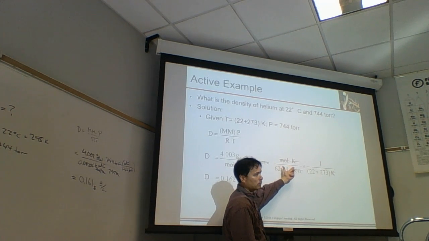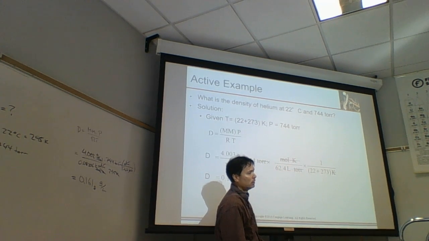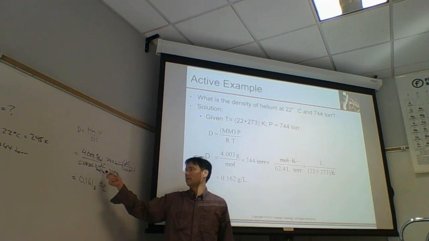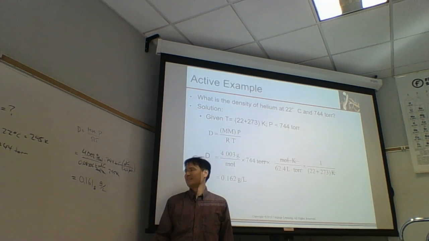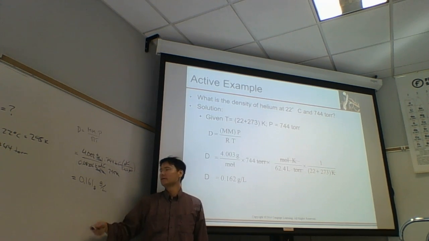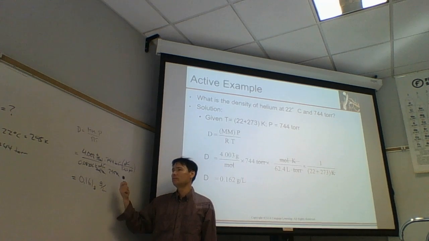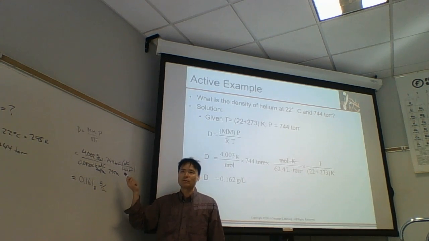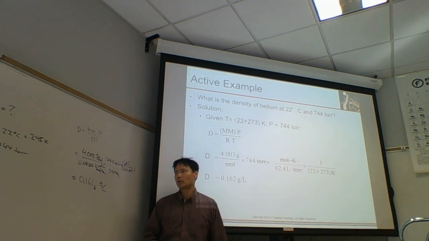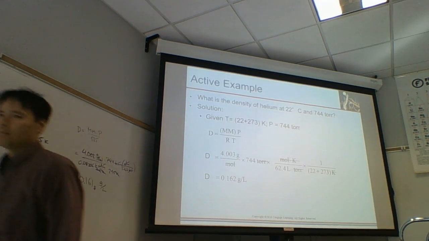But do you want to memorize multiple R values depending on what units you use? No. The easiest thing to do is just memorize one and then convert. So we memorized this one and then we just converted torr into atmospheres and it works, rather than memorizing a different R value for torr, which is not a good idea.